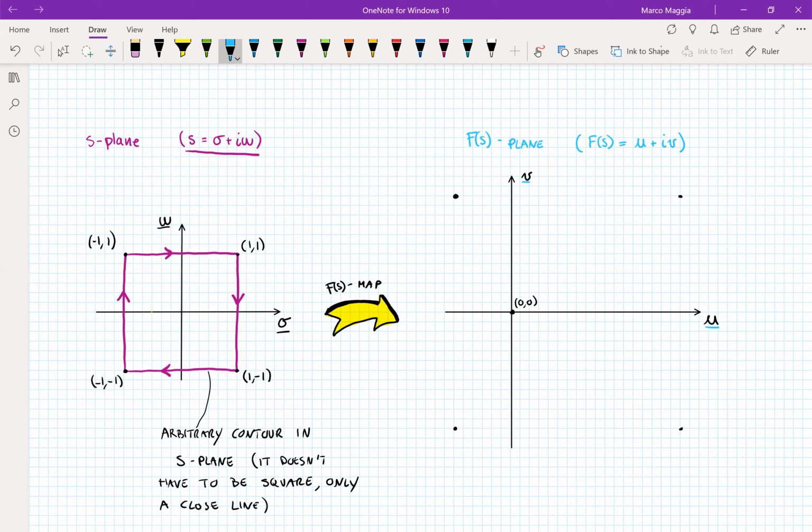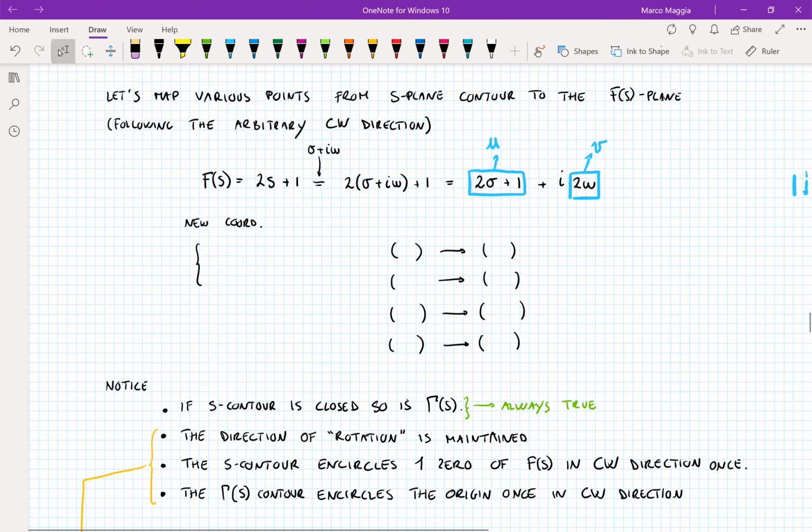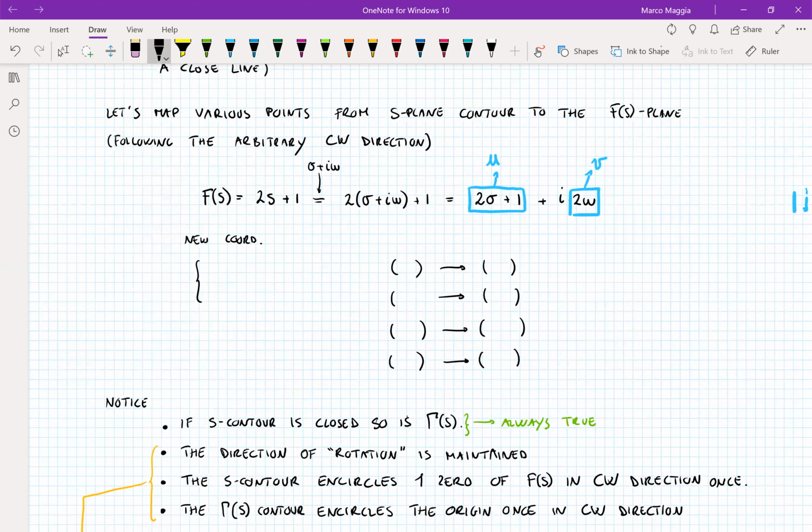So let's start by mapping the 4 vertices. The transformation from the old to the new coordinates is that the new coordinate u is 2 times sigma plus 1 and v is equal to 2 omega. Again, this is not a general rule. This is just a specific coordinate change due to the specific map.